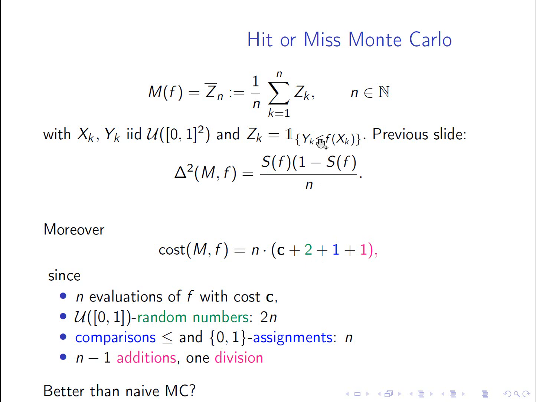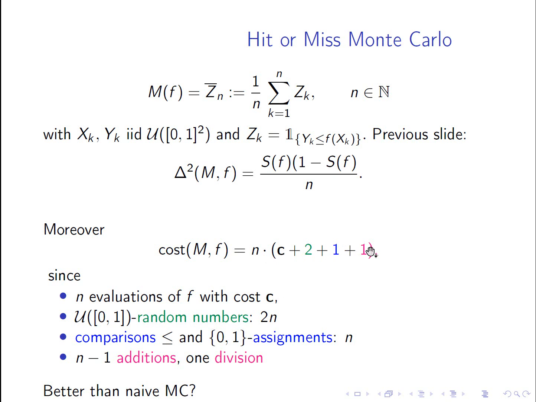Then we have to do comparisons n times, so we have to check whether Y_k is less or equal than f of X_k, and we have 0, 1 assignments. This gives us a cost of n. And for summing and dividing, we have n minus 1 additions and 1 division. So the cost is n times (c plus 4).